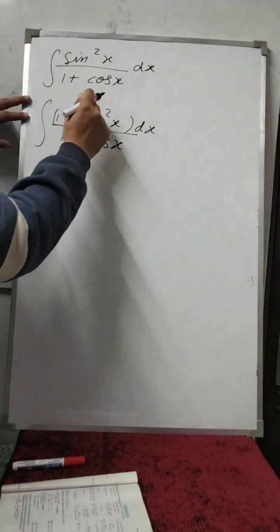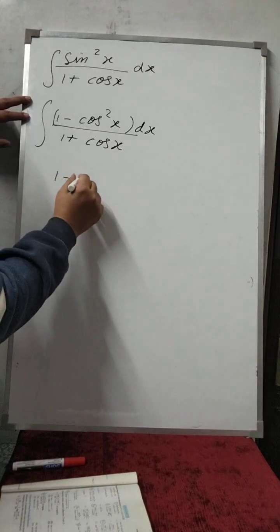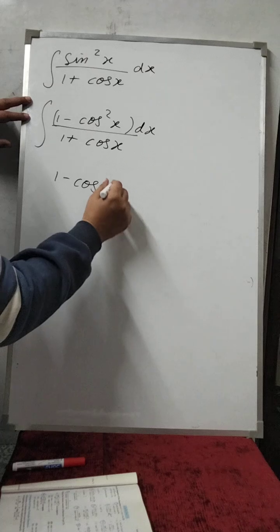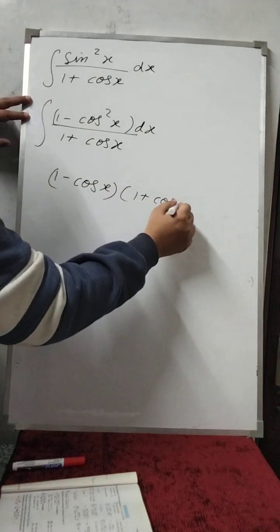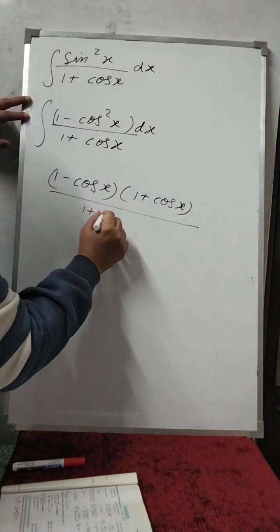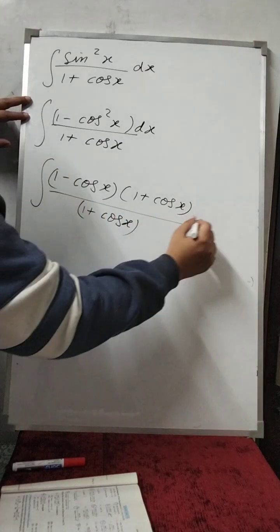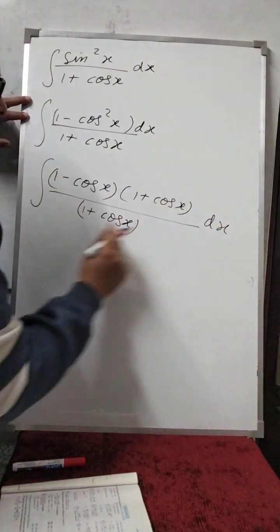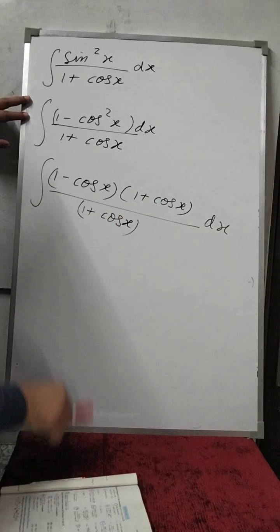Then this is a square minus b square. A square minus b square means a minus b multiplied by a plus b. Can I write it like this, friends? Divided by 1 plus cos x dx. So 1 plus cos x will cancel with 1 plus cos x. So what will I remain with?